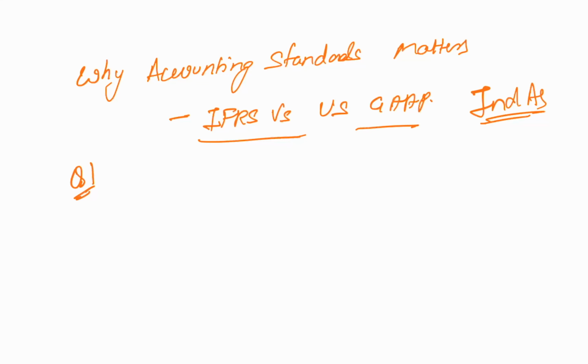So imagine there are two students from two different schools showing their report cards. One says 90 out of 100 and the other says he got a grade. Can you compare them? Definitely not, because their grading systems are different.